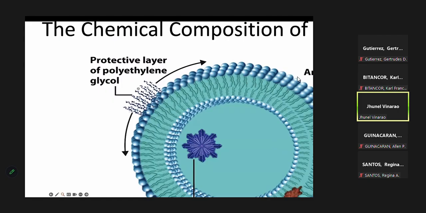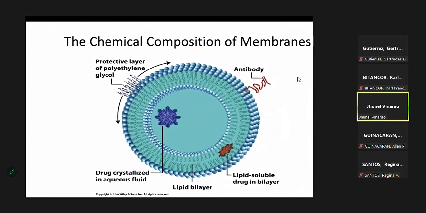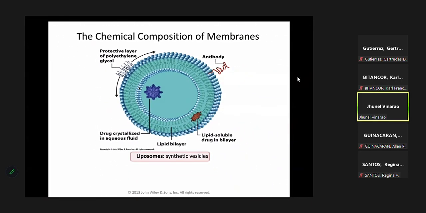And sa mga synthetic vesicles, ginagamit yung PEG para hindi siya ma-recognize ng ating immune system to be foreign. So, yeah, gumagamit ng PEG to escape the immune system tagging.